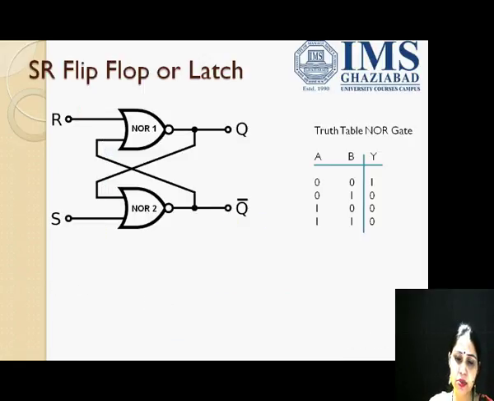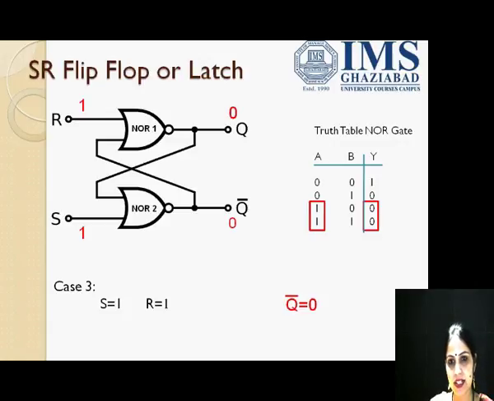Now we come to the third case, that is when S is 1 and R is 1. Now here we know that when one of the inputs for the NOR gate is 1, the output is 0. This means Q bar is 0 as well as Q is also 0. But this is contradictory.